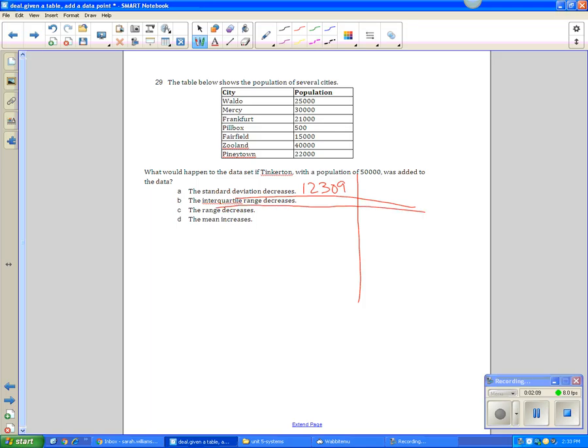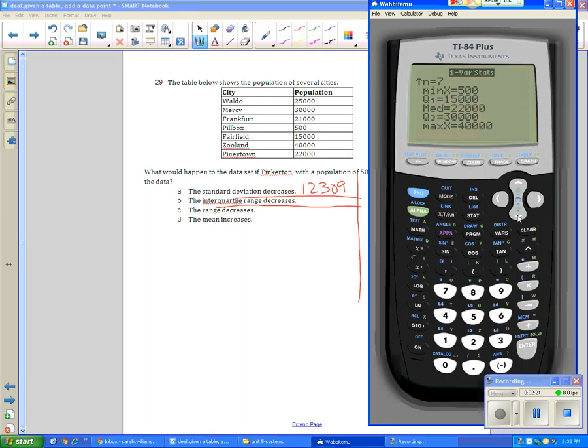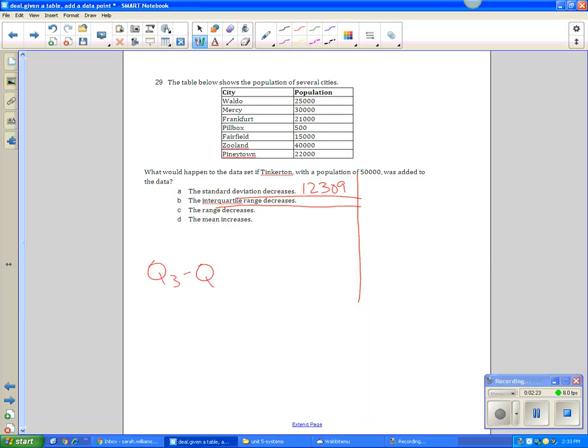To get that, you do Q3 minus Q1. So let me go back to my calculator. I've got to scroll down for Q3 and Q1. So that's 30,000 minus 15,000, and that gives us 15,000. So that's the interquartile range.